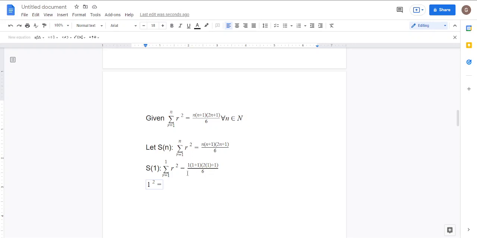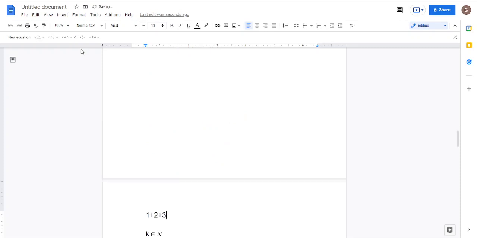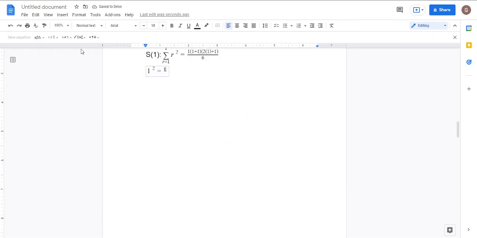So that's the same thing as 1 times 2 times 3, which is 6 over 6. Right, 6 over 6. And we can see that both of these will cancel to 1, correct? 1 squared is 1, and something divided by itself is 1.